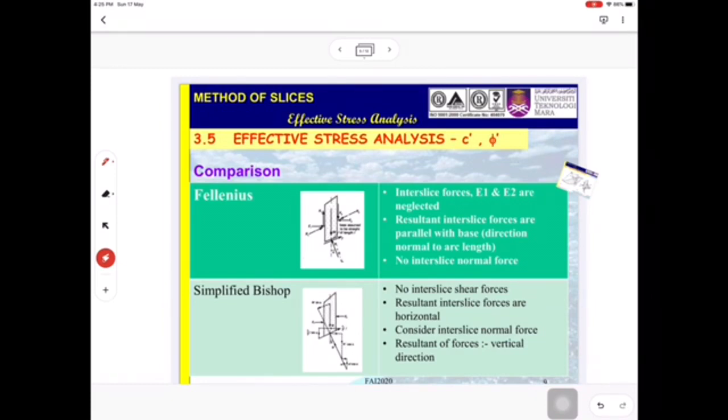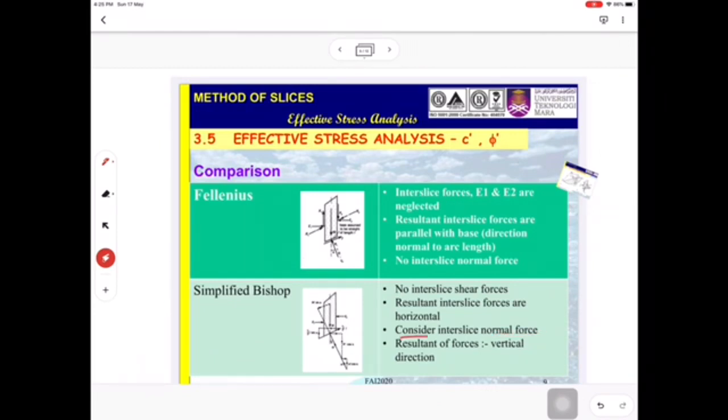You can see the comparison in terms of resultant interslice forces, in terms of resultant force direction, vertical, horizontal, and in terms of consideration of interslice normal force.